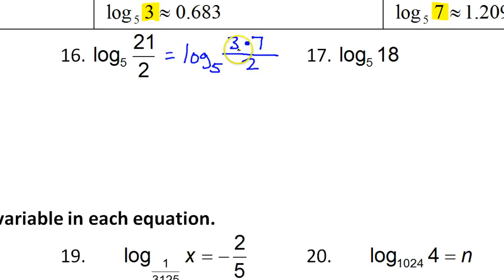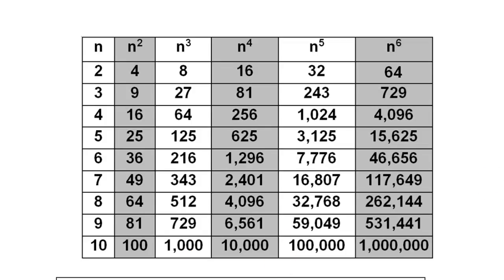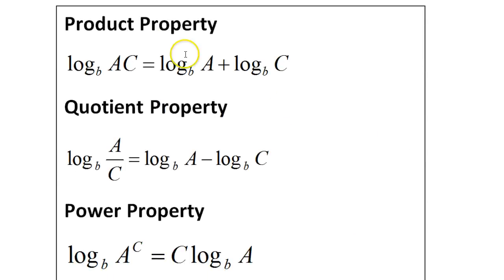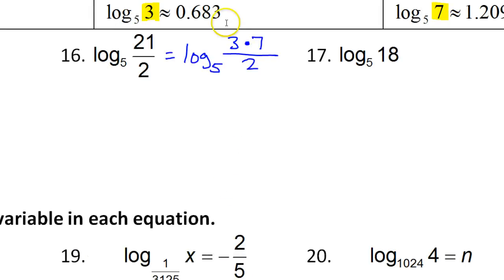We could expand this using a combination of the product rule and the quotient rule. We can do it in one step if we realize that anything in the numerator is going to give us a positive term, and anything in the denominator will give us a negative term. So this is going to be positive, positive, and negative.